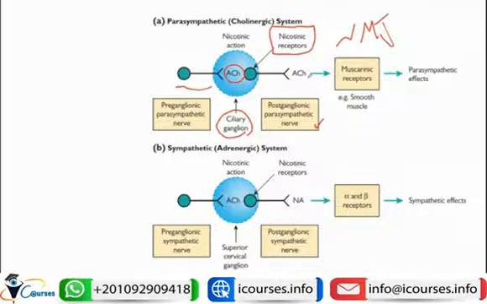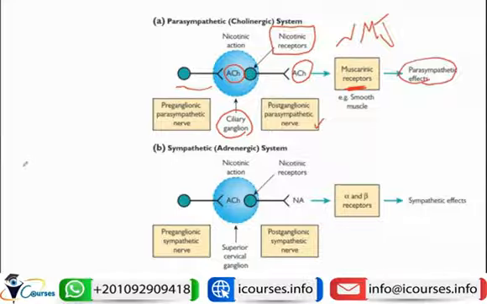There, acetylcholine is released again as a neurotransmitter to act on the receptors on the constrictor pupillae muscle, but these receptors are now called muscarinic receptors. Not nicotinic, but muscarinic. If acetylcholine acts upon these muscarinic receptors, this will result in a parasympathetic effect, as in the constrictor pupillae muscle, causing constriction of the pupil.